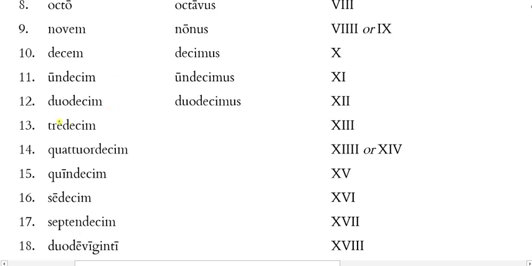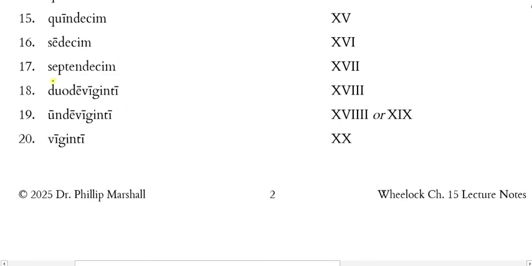Undecim, duodecim, 12. Tredecim, 13. Quattuordecim, 14. Quindecim, 15. Sedecim, 16. Septendecim, 17. And then 18 is 2 from 20.